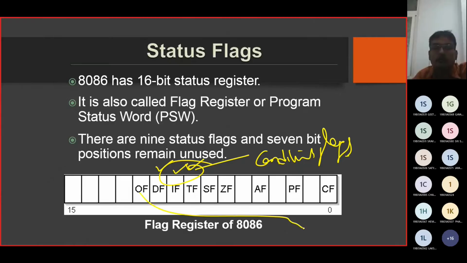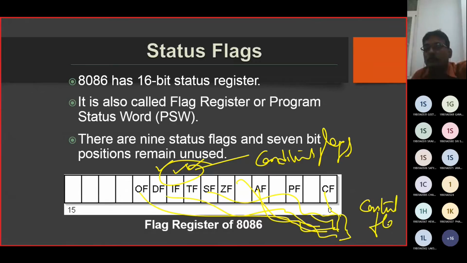The overflow flag, the sign flag, the parity flag, the auxiliary carry flag, the carry flag. All these items we are going to call control flags.